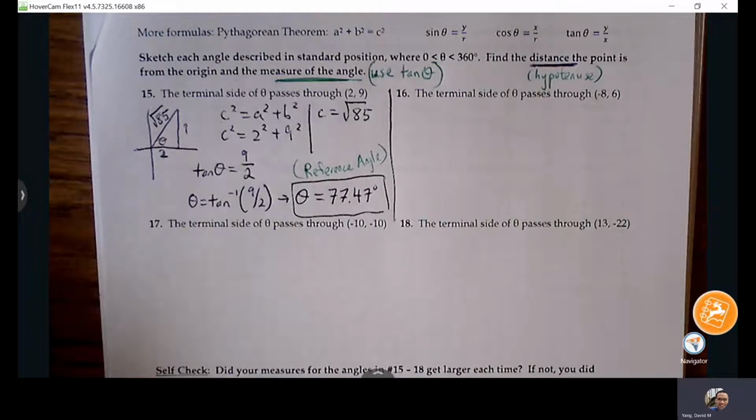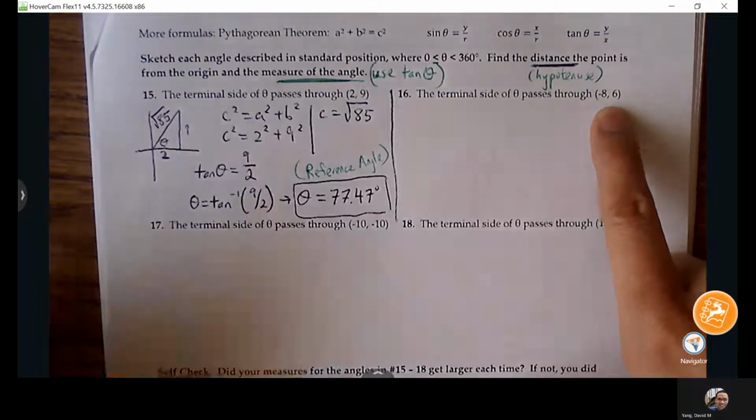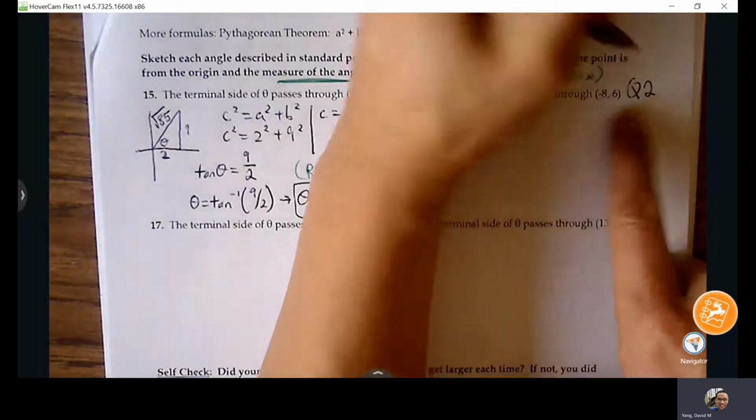Okay, let's try number 16. Terminal side passes through -8, 6. Okay, which quadrant is that in? Second. Okay, keep that in mind there.